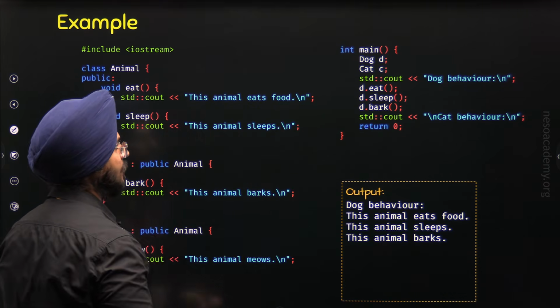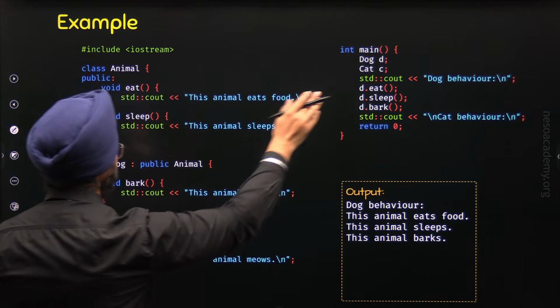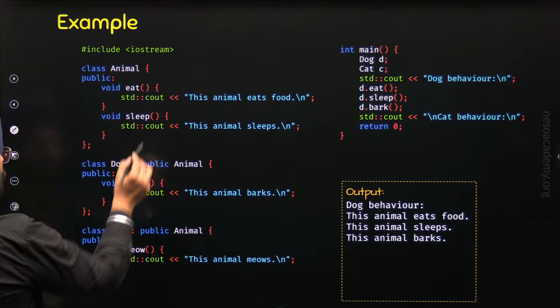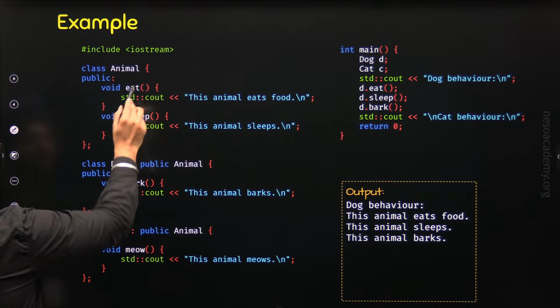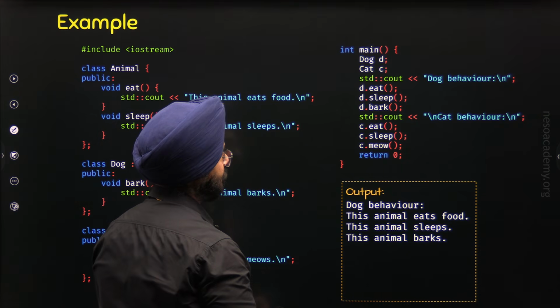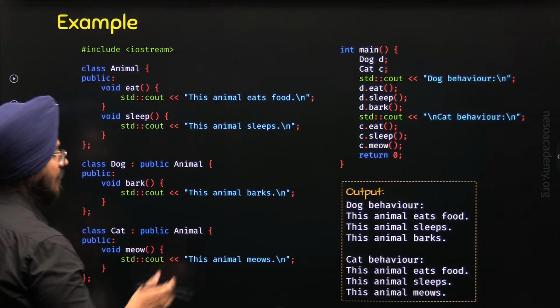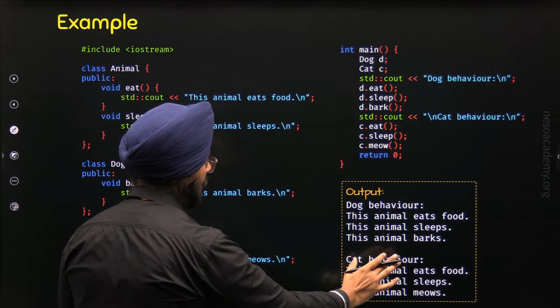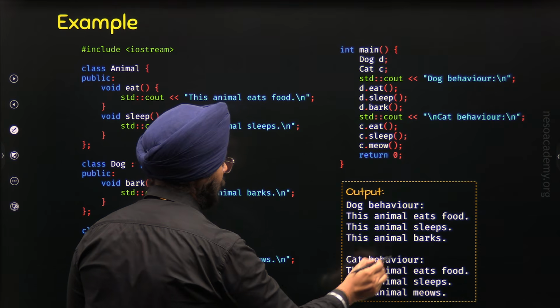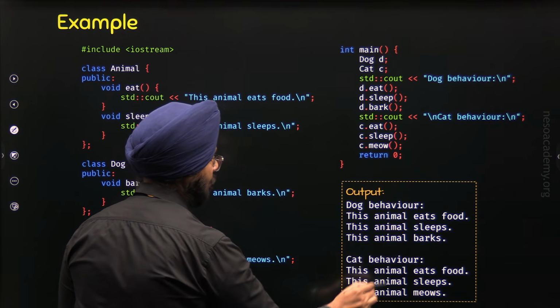For this purpose, we will use the object of the cat, which is C. And through this object, we will now call these three functions. We will call eat, sleep, and meow like this. Now we know what we will get as the output. We are getting this output, cat behavior, as this animal eats food, this animal sleeps, this animal meows.